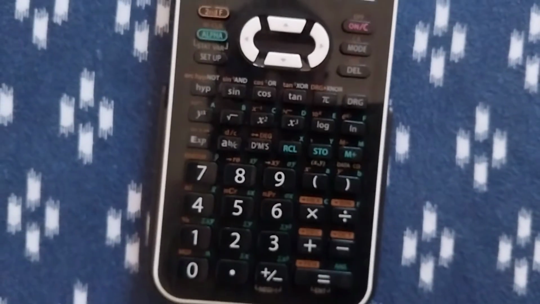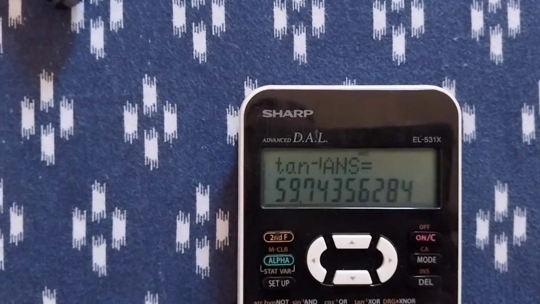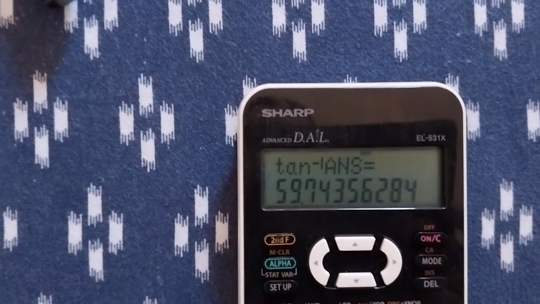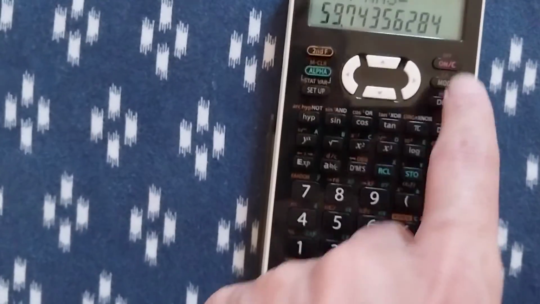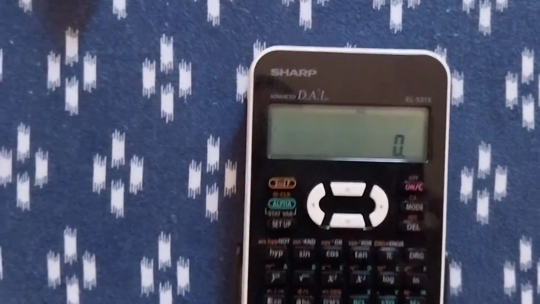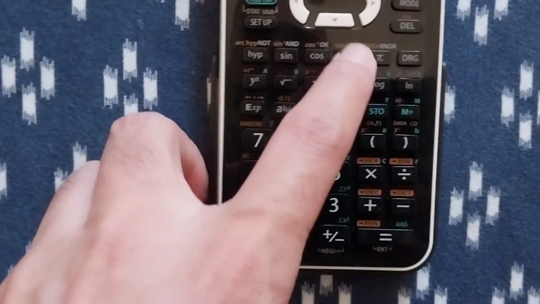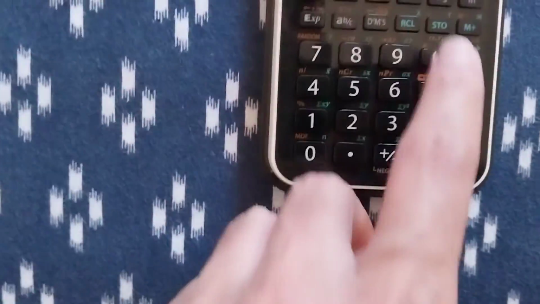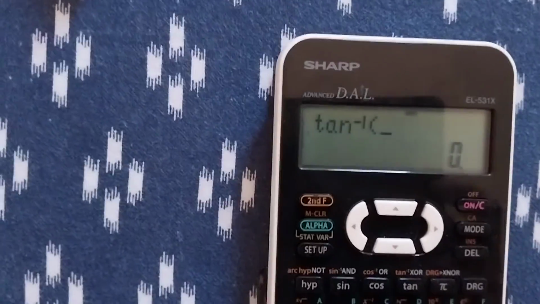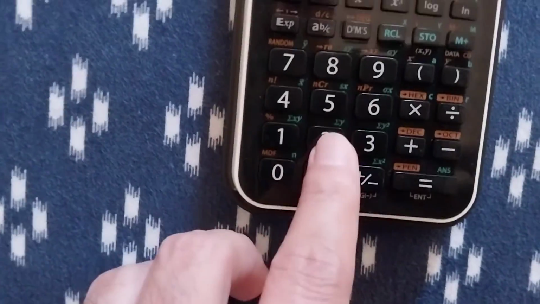Let's see if it comes. Yes, 59.74. Or you can use it as a fraction. So shift tangent of open bracket, it was 12 divided by 7, so 12, and then the fraction key is here.